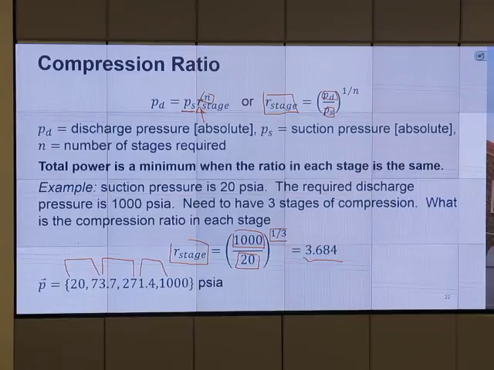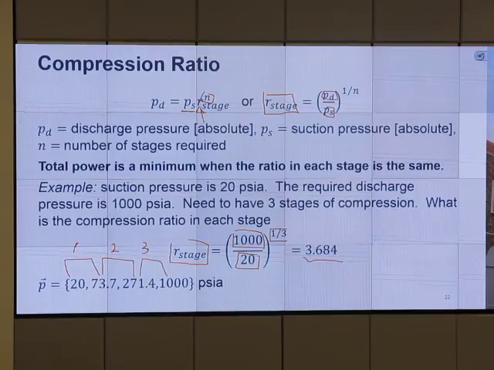So we have 1, 2, 3 stages. Good? Okay. So now you can do this example, right? If I tell you, how many stages do I need and what is the pressure after each stage, then you can do it. If I have 3 stages, then you know that the pressure should be like this.